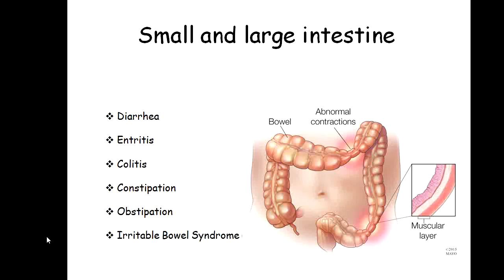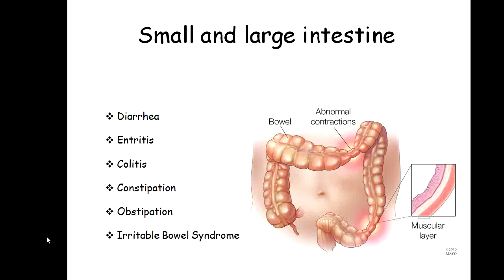But in IBS, abnormal spasm of the intestine takes place inside the abdominal cavity. Abnormal spasm of the intestine, especially the large intestine, takes place.